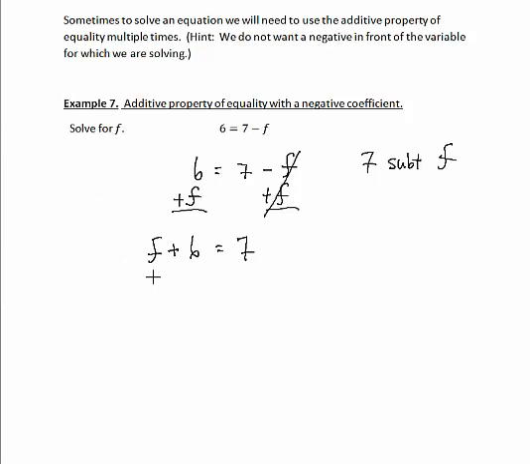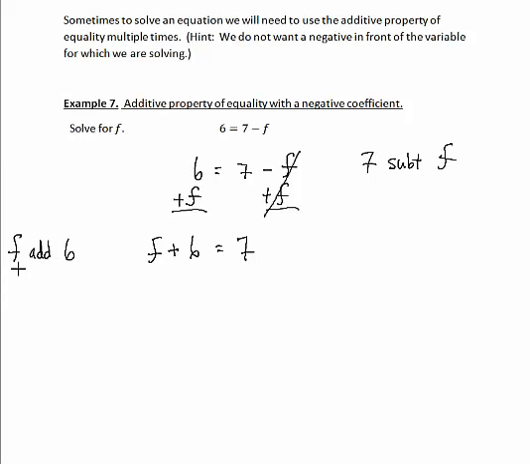So on the left I now have f plus 6, which is the type of equations that I solved above. So we fixed the problem of the variable having the negative sign in front of it. And now we say, well, what's happening to the variable? We could read this as f add 6. So we're adding 6 to the variable.